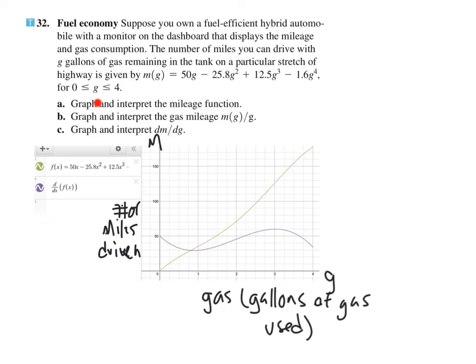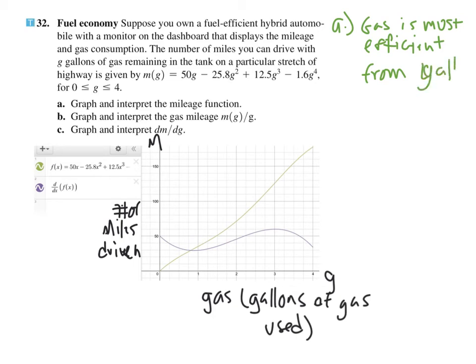So it says graph and interpret the mileage function. We've graphed it, and all I want to do in part A is say that the gas is most efficient from about G equals 1.5 to G equals 2.5 gallons.